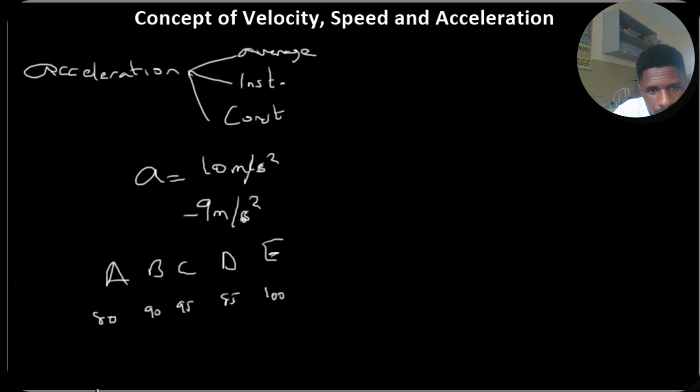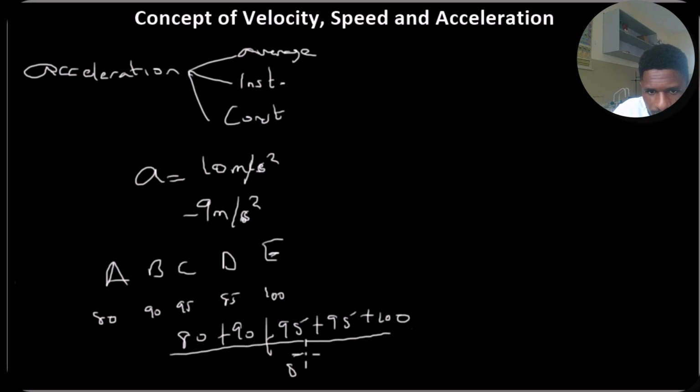If we are to find the average of this test, I would simply say 80 plus 90 plus 95 plus 85 plus 100, divided by 5. So let's quickly press that in my calculator. We have 80 plus 90 plus 95 plus 85 plus 100.